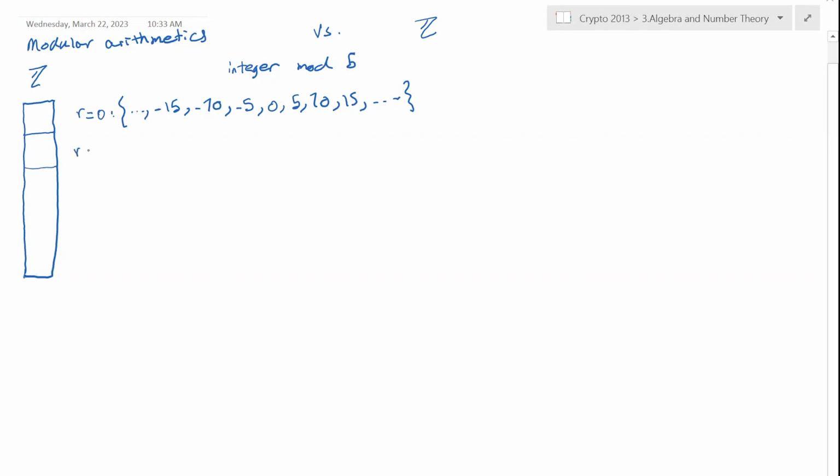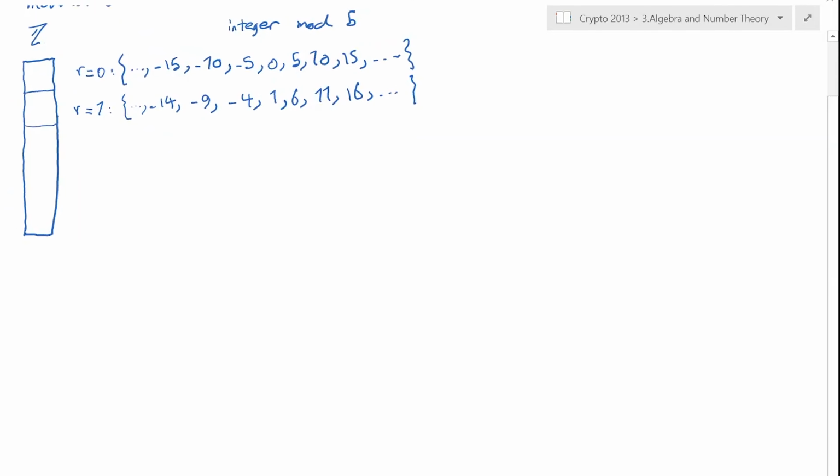There is another portion of numbers in Z where, when you do mod 5, the remainder becomes 1. Those numbers would be minus 14, minus 9, minus 4, 1, 6, 11, 16, and so on. Imagine this is the portion of Z that covers those numbers.